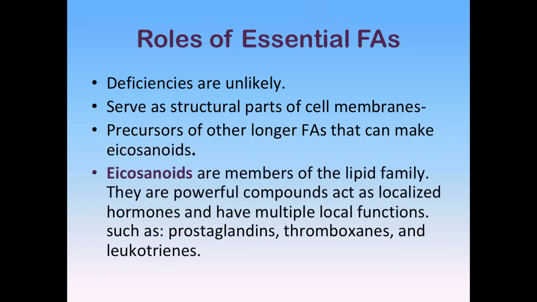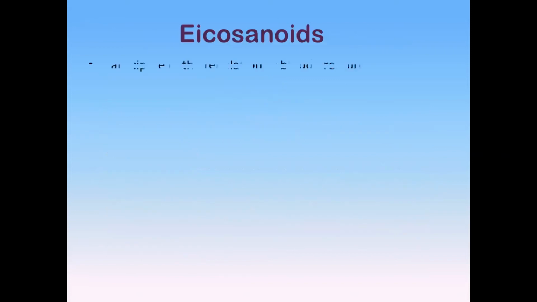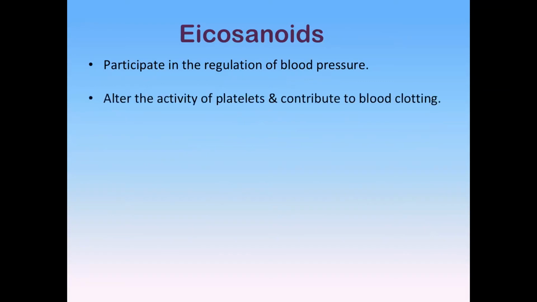Eicosanoids are members of the lipid families. They are powerful compounds that act as localized hormones and have multiple local functions, such as prostaglandins, thromboxanes, and leukotrienes. The eicosanoids participate in the regulation of blood pressure.